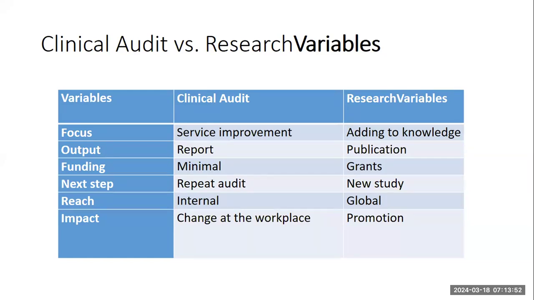The target audience for clinical audit usually are internal institutions and the stakeholders in this institution, while for research it is usually the global community. The impact for clinical audit is change at the workplace, while the impact for research is promotion and other benefits. Thank you.